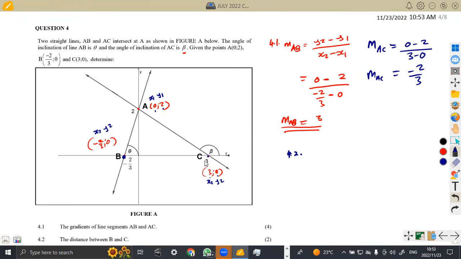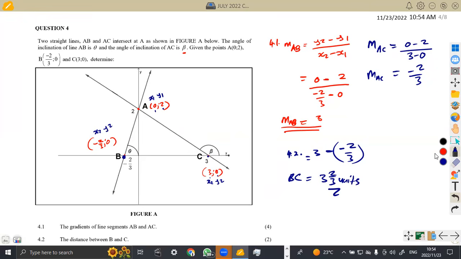From B to C is direct, because it's a horizontal line, so it's 3 minus minus 2 over 3. You just have to add. So BC is 3 2/3 units.